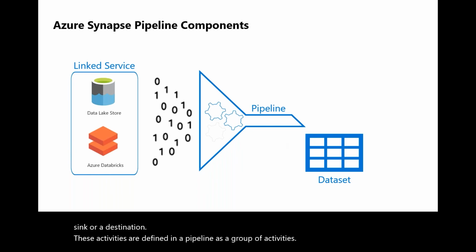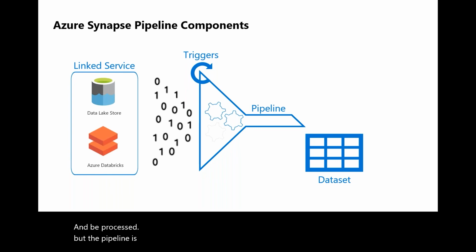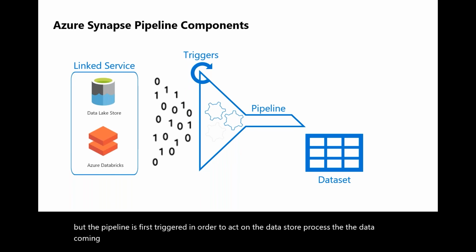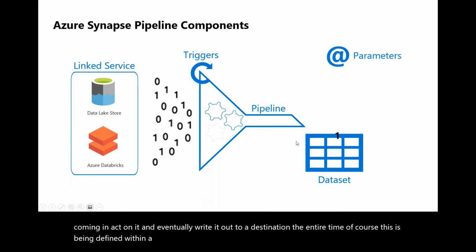The data will feed into one of the data source activities and be processed, but the pipeline is first triggered in order to act on the data store, process the data coming in, and eventually write it out to a destination. The entire time, of course, this is being defined within a dataset.